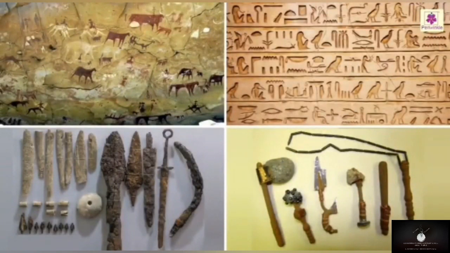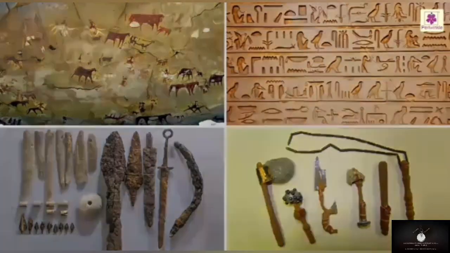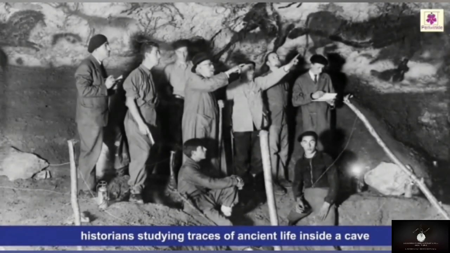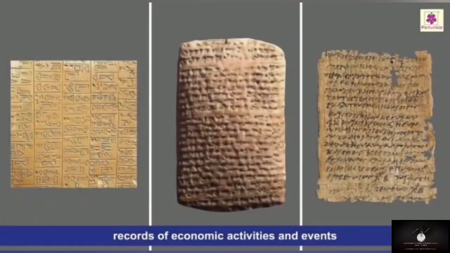Human life can never disappear from earth without leaving any traces. Historians study these traces to learn about life. Even in ancient times, people keep records on economic activities and events.